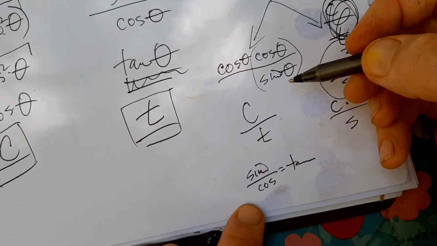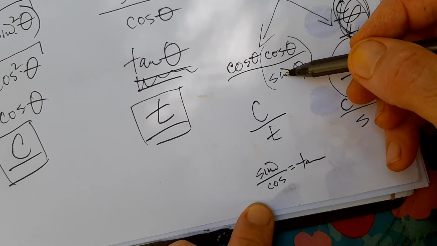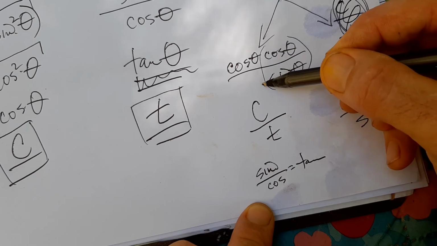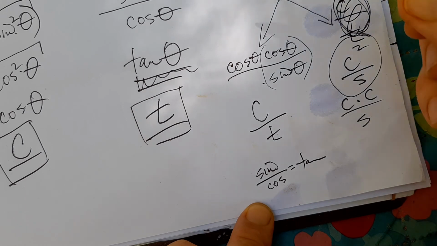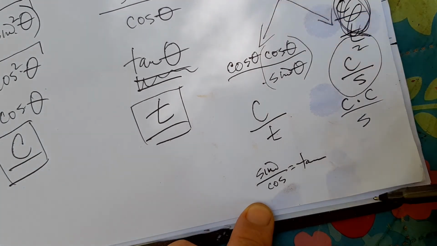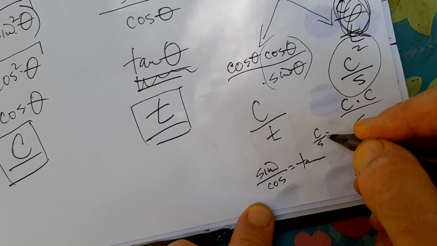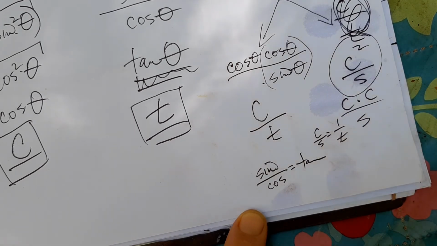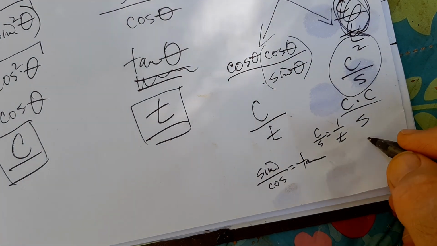And see here, if I'm looking up, I've got sine over cosine. So the t will be on the bottom, because s over c equals t. So c over s is 1 over t. Is that too much? Just fractions there. So your answer should be c over t.